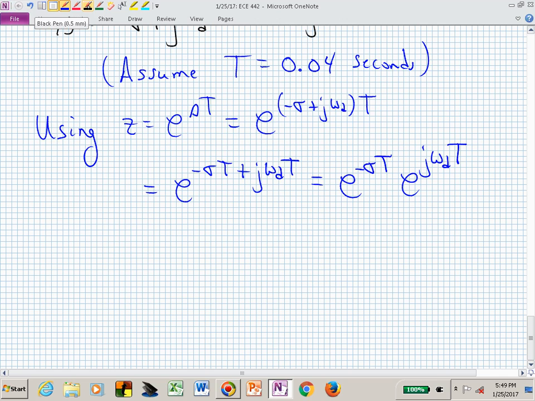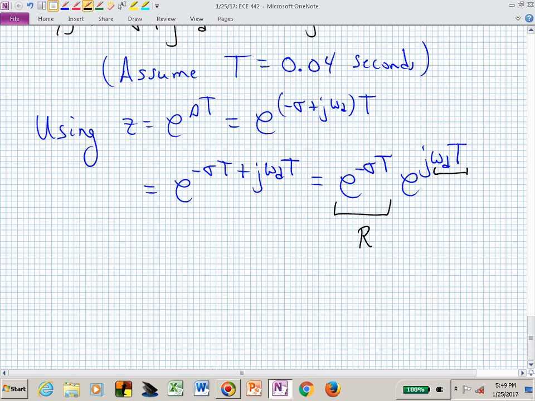And what we will start to do is say we have now identified this complex number z as having a magnitude piece. Here is our magnitude piece. We might call that capital R. And this is a complex exponential.